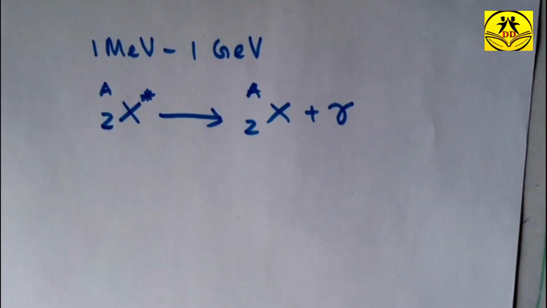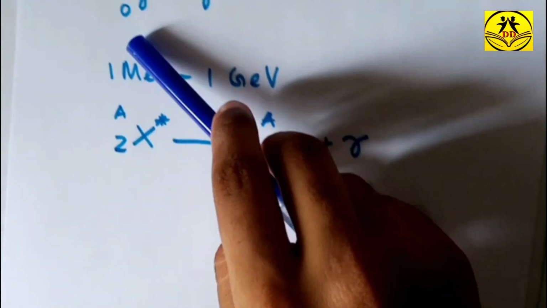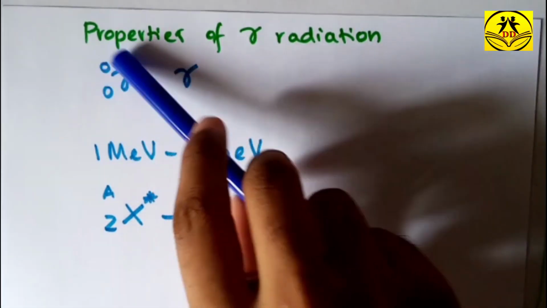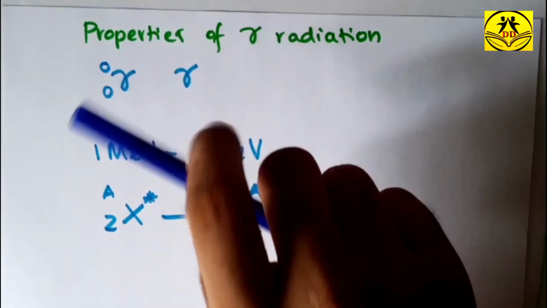So it can penetrate metal plates with thickness of a few centimeters, and their intensity will decrease about 10% when passing through a lead sheet of thickness about 4 centimeters. Gamma rays are electrically neutral, as we can see. They have no charge, so they are not deflected by an electric or magnetic field.